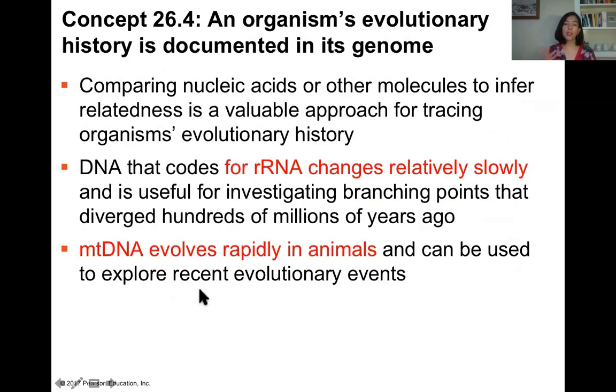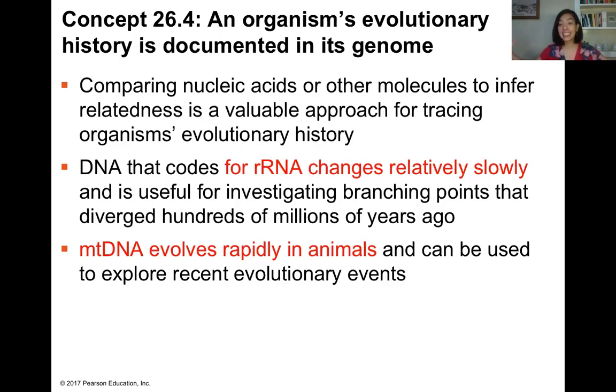Now, if we want to reconstruct the phylogenetic relationships using DNA, we need to use the right molecule that is going to give us the correct resolution. In other words, if we are evaluating, for example, relationships between the 3 domains, we want to use a molecule of DNA or RNA that is conserved among all of the different species.